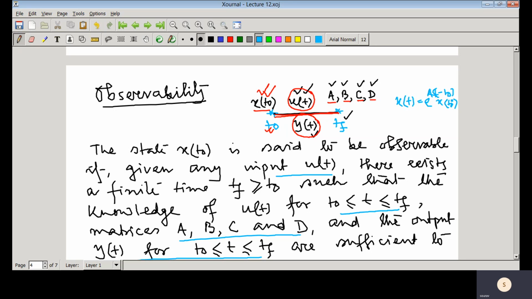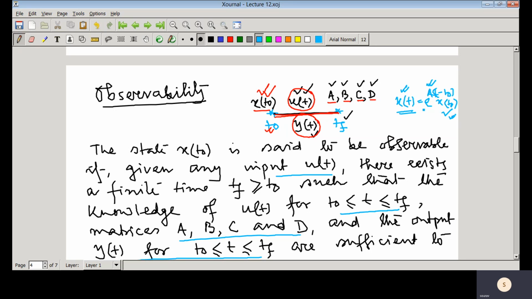As you know t, you can easily calculate x(t), because this is the state transition matrix, and if you can calculate x(t0), then for any finite time you can calculate the state x(t).